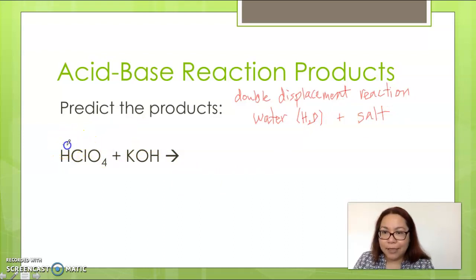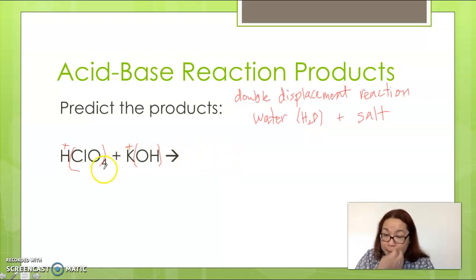We have a hydrogen here and a potassium. These are your positive ions. And we are going to separate those positive ions and switch partners.